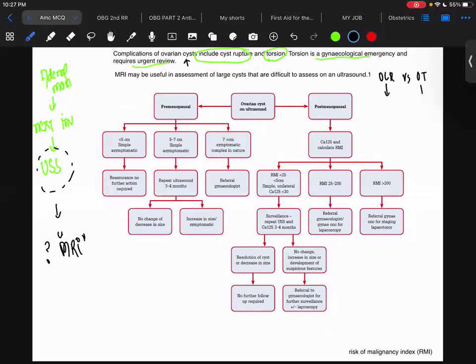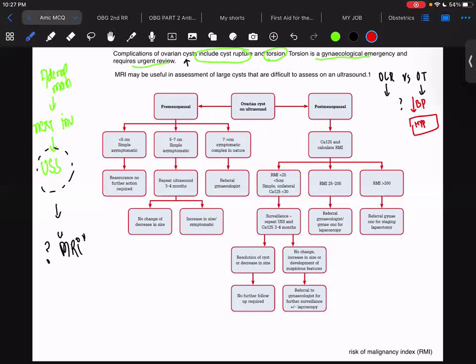You can differentiate on the basis of blood pressure. If the patient's blood pressure is decreased, that means the patient is hypotensive with instability. The patient has left or right iliac fossa pain, adnexal pain.